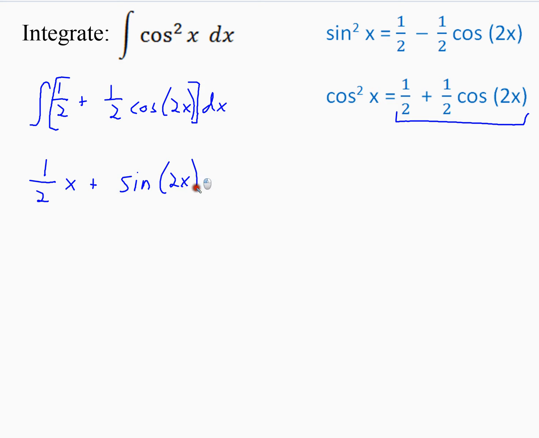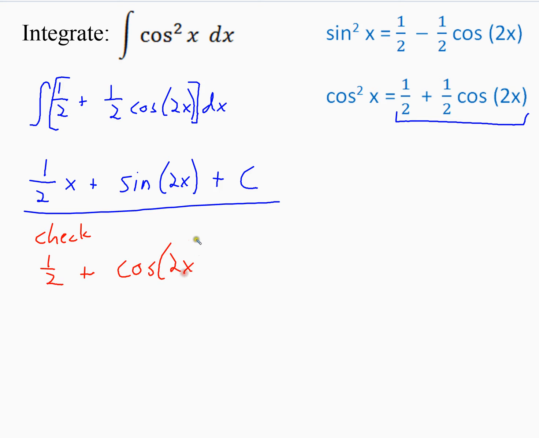We might have to change something. We'll check this to see if we need to multiply it by some extra factor. So by taking the derivative, 1/2 x is just 1/2. The derivative of sine of 2x is cosine of 2x times the derivative of 2x, which is 2. And the derivative of c is 0.